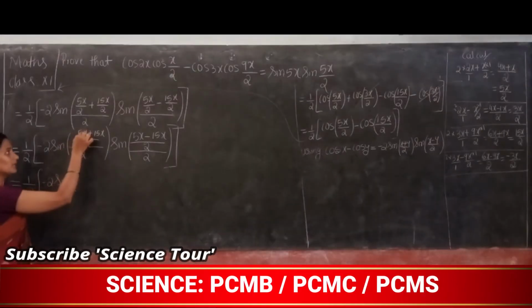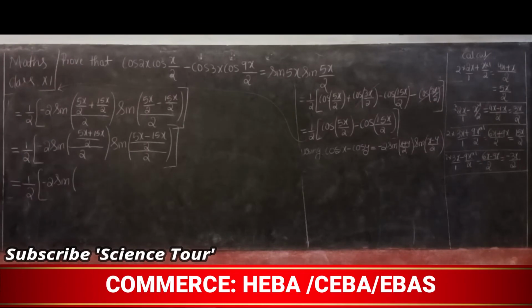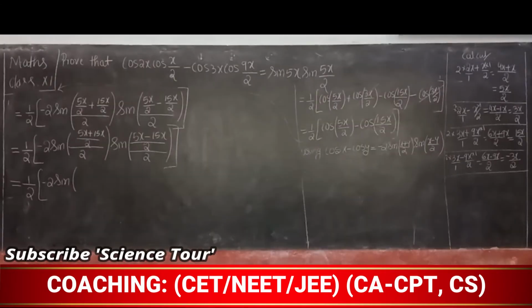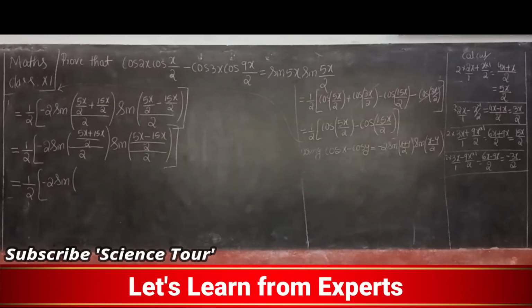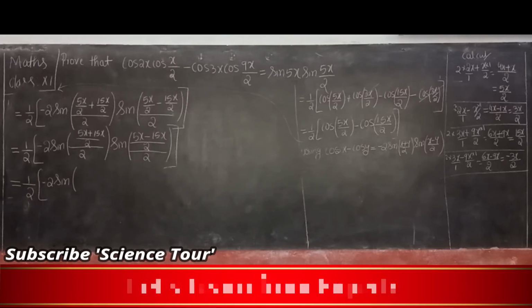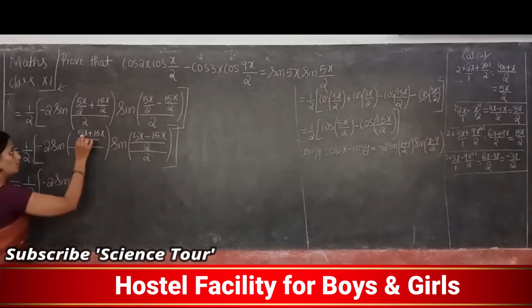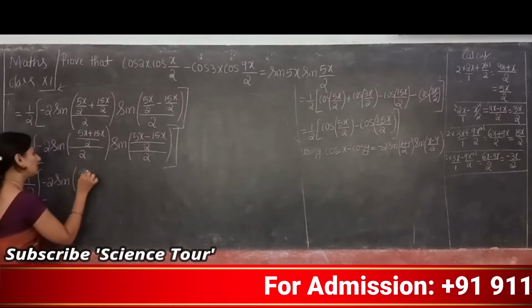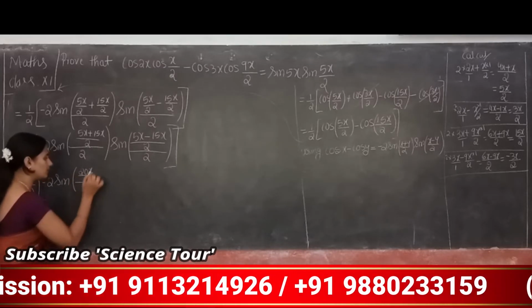sin of 5x plus 15x. So now 5x plus 15x is 20x divided by 2, whole divided by 2.